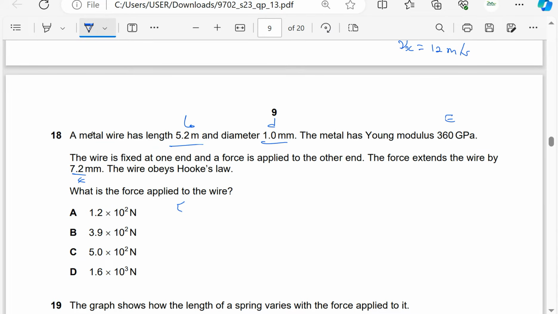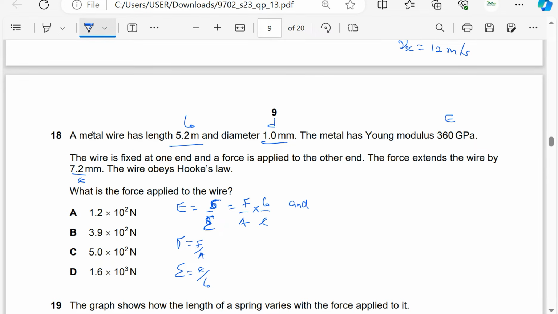So by definition, Young modulus is equal to stress over strain, which is force over area divided by strain. Strain is extension over original length. Stress is force over area and strain is extension over original length. So this will be times original length over extension.